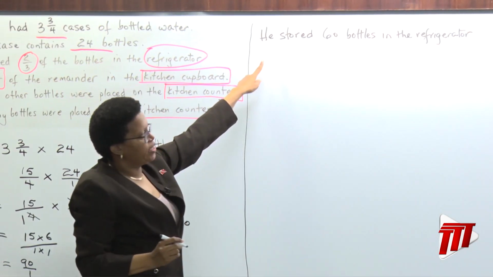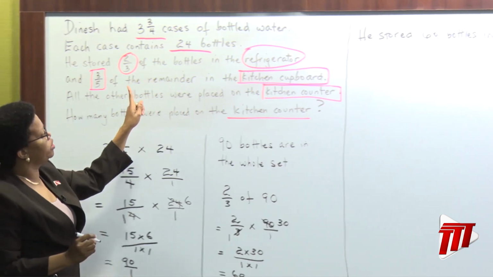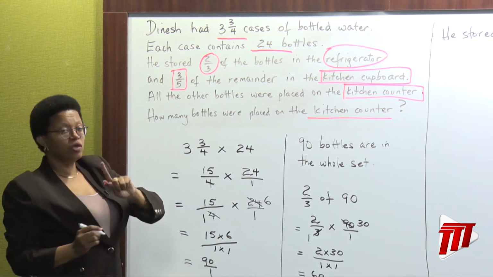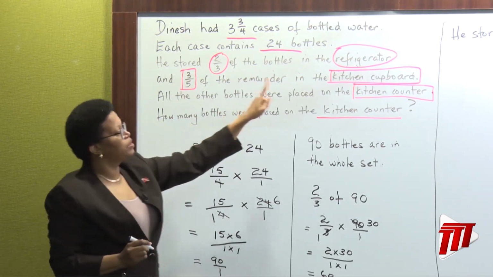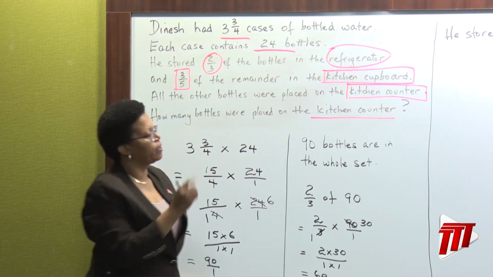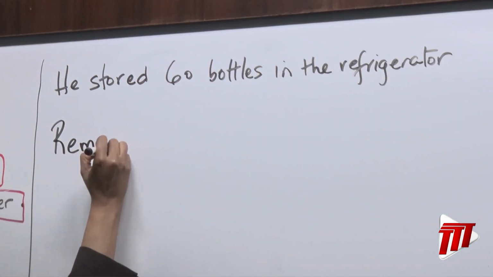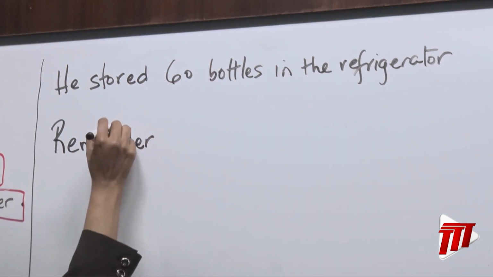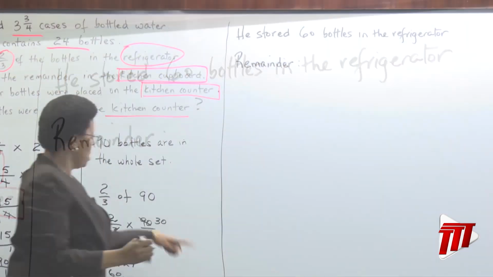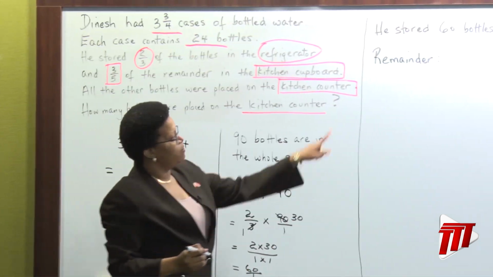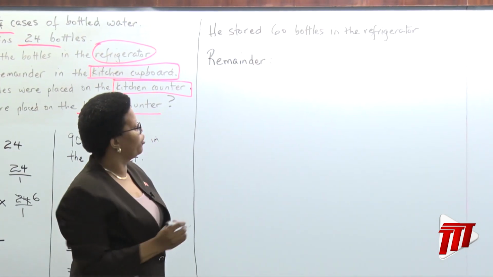If he stored 60 bottles in the refrigerator, then there must be a remainder. Out of that remainder, 3/5 go into the kitchen cupboard. Let's calculate our remainder. Our remainder must be the whole set of 90 bottles, subtract the 60 bottles in the refrigerator.